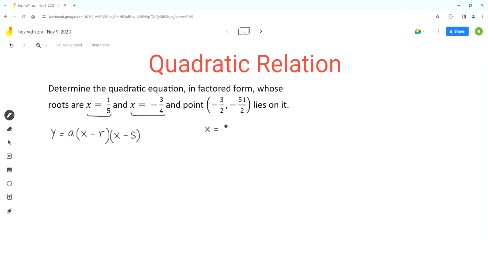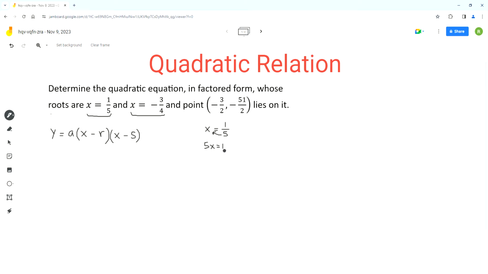The first given root is 1 over 5. Now we have to get a factor from this root, so we have to set this equation equal to 0. We cross multiply the 5, so the 5 goes with x. So it becomes 5x equals 1.